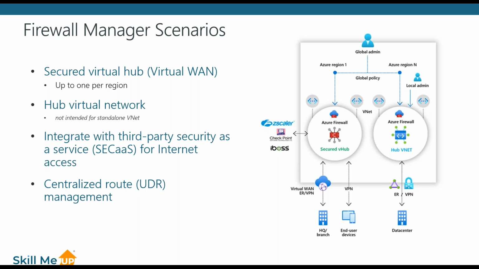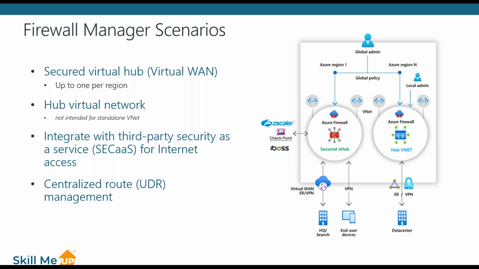If you want to set up a rule that says, nothing in dev can talk to prod, nothing in prod can talk to dev, you can put that on your secured hub, and then you can have both your prod and dev VNets talk to the same secured hub, and they'll never be able to send traffic to each other because the firewall will block all that with the secured virtual hub. So the idea is that you have only a single secured virtual hub per region, and then you have all your VNets in that region talk to that one hub. They all peered into that same hub.